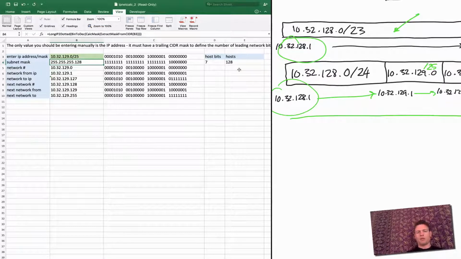But the key point is, if you're given a block with a /23, then you can split that into /24, /25, /26, /27, /28, /29. You can't make it /22, because then you're encroaching on an IP range that hasn't been assigned to you. But from /23 onwards, you can keep subdividing your network down.